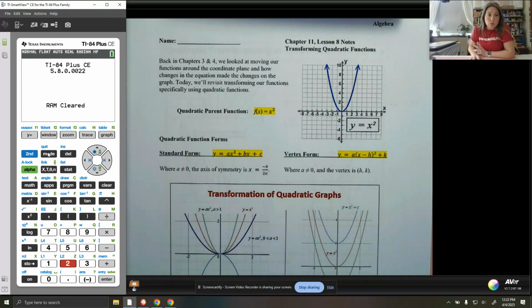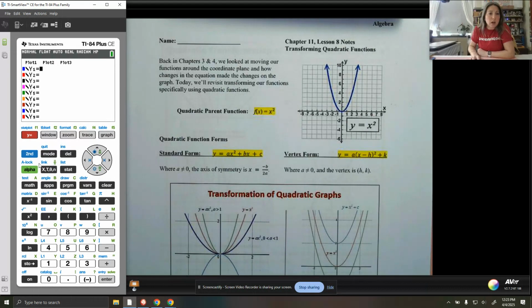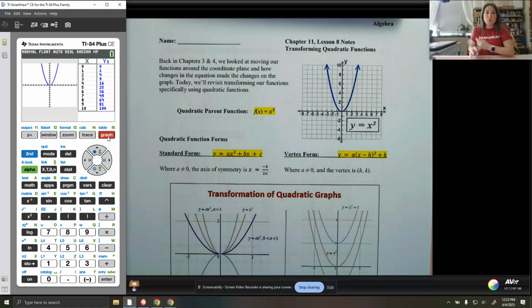So what I'm going to do is turn my graph table mode on. And in y equals, I'm going to graph my x squared, my parent function, so that I can have a peek at what this looks like. Now, second graph, of course, takes me onto the table, where currently my ninja star is right on my axis of symmetry and vertex.